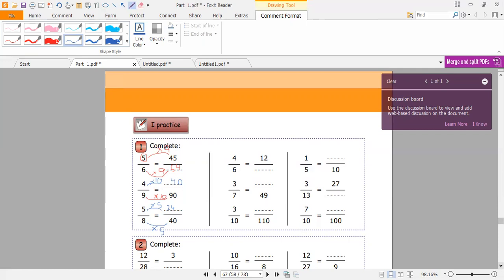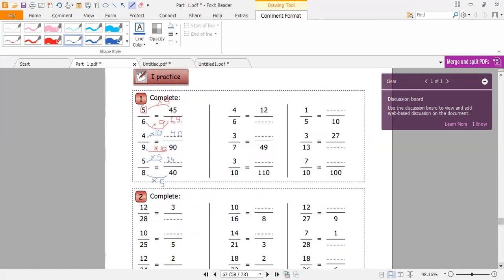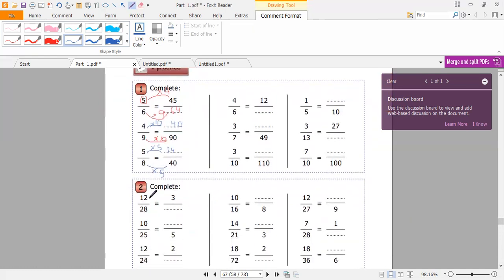Now let's solve exercise 2. Look at the numerator here. Here I have 12 and here I have 3. 12 becomes 3. Now what did I say? Look at the numerator. It was 12. Now it becomes 3. So here we divide. Also when we divide, we have to divide up and down with the same number.